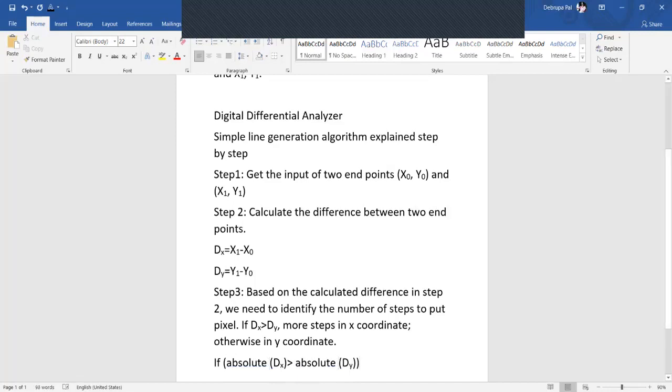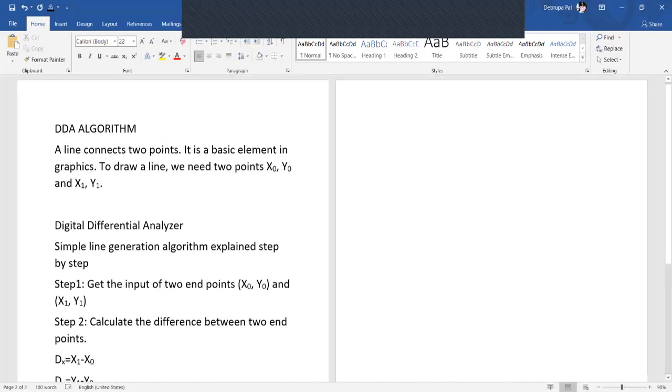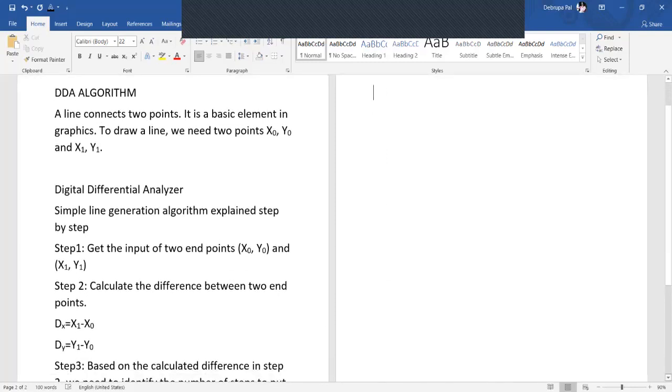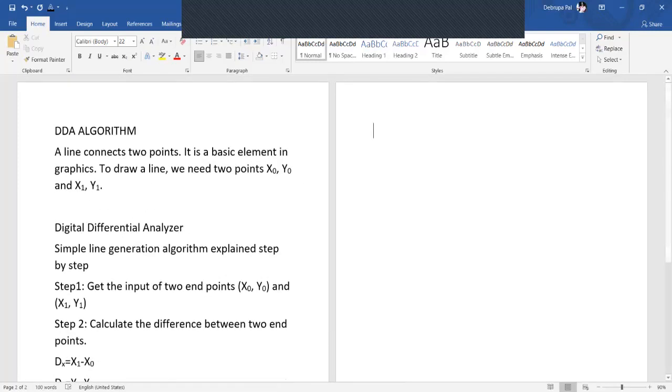So if absolute value of dx is greater than dy, then steps is equal to absolute dx, else absolute dy.